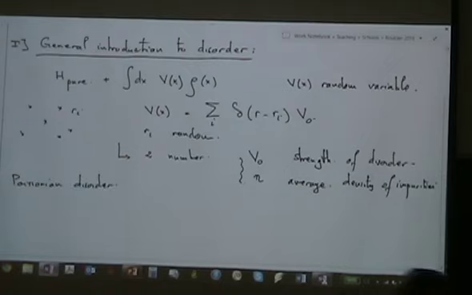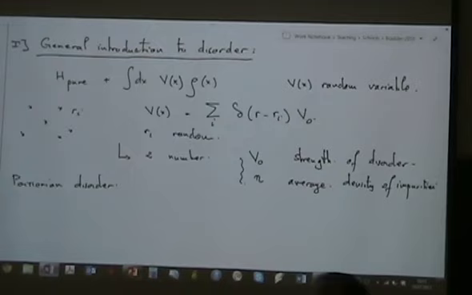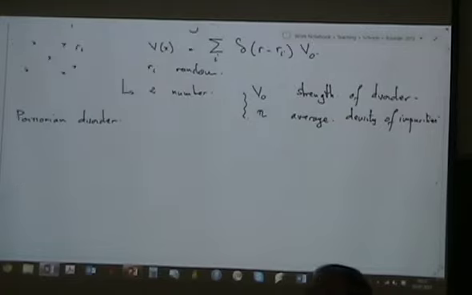Now, of course, once you have a problem like this, it is typically very complicated. Why? Because when we deal with a pure system, we are so used to using translational invariance, which allows us to go from real space to momentum space, and so on. All this is completely lost as soon as you add impurities.